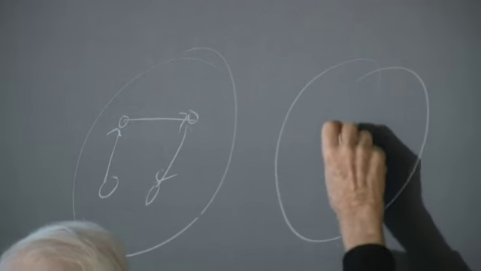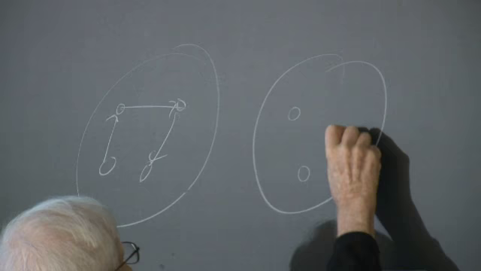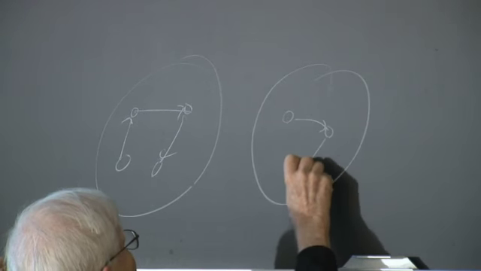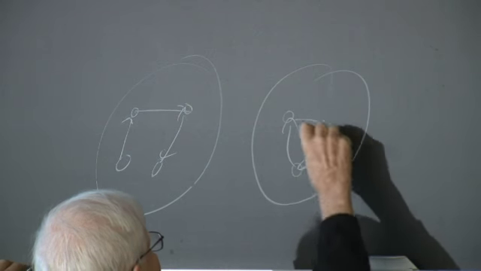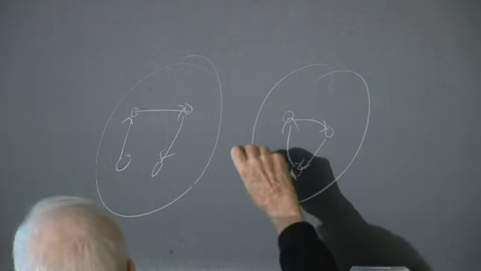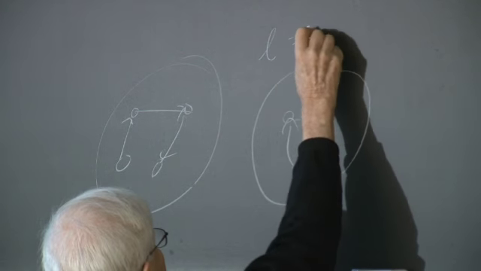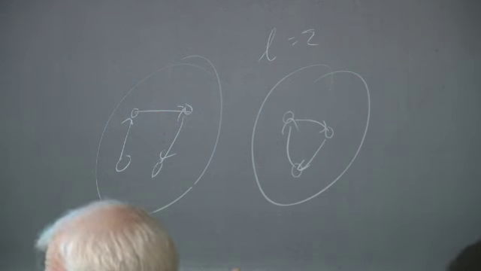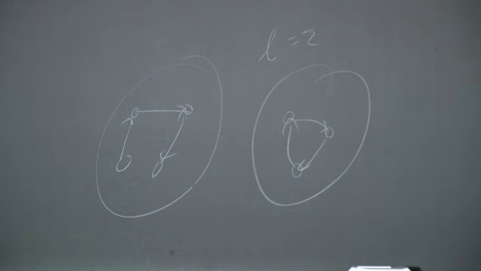There's another set of states over here. Let L equal 2 in this case. So what happens in this situation?